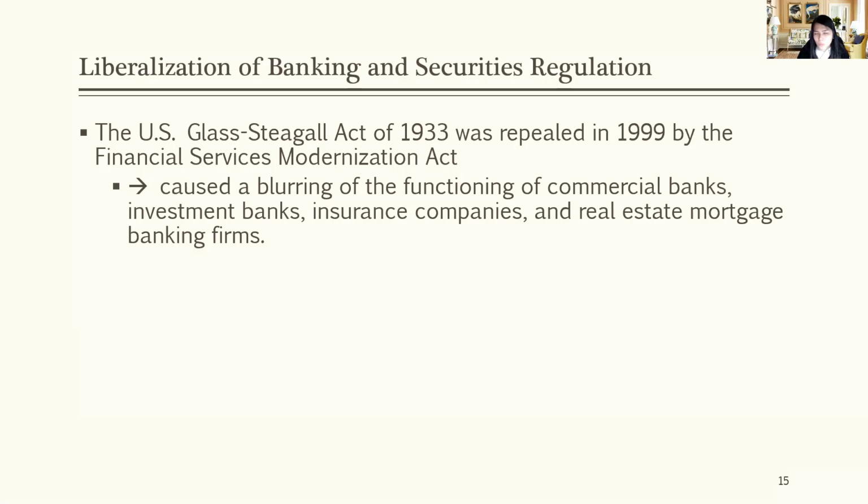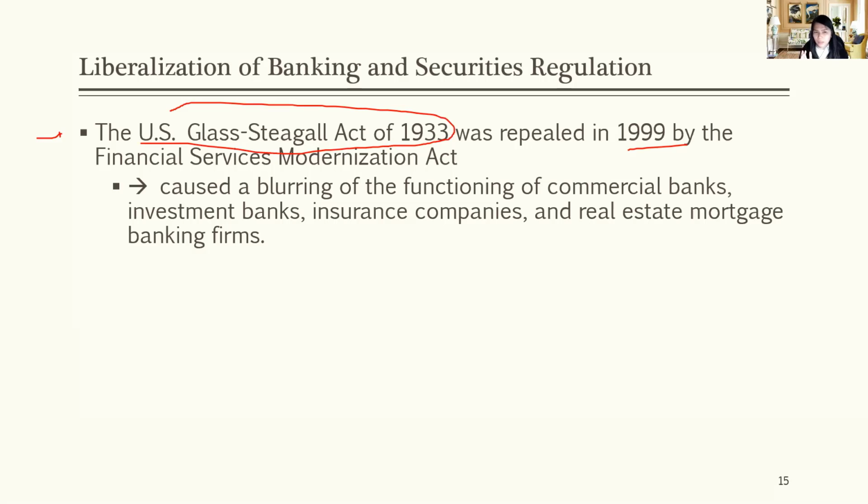So, for example, in 1999, the Glass-Steagall Act of 1933 was removed. And basically what this act did was that it separated different banking activities, right? So for example, if you're a commercial bank, then you can only take deposit and lend.